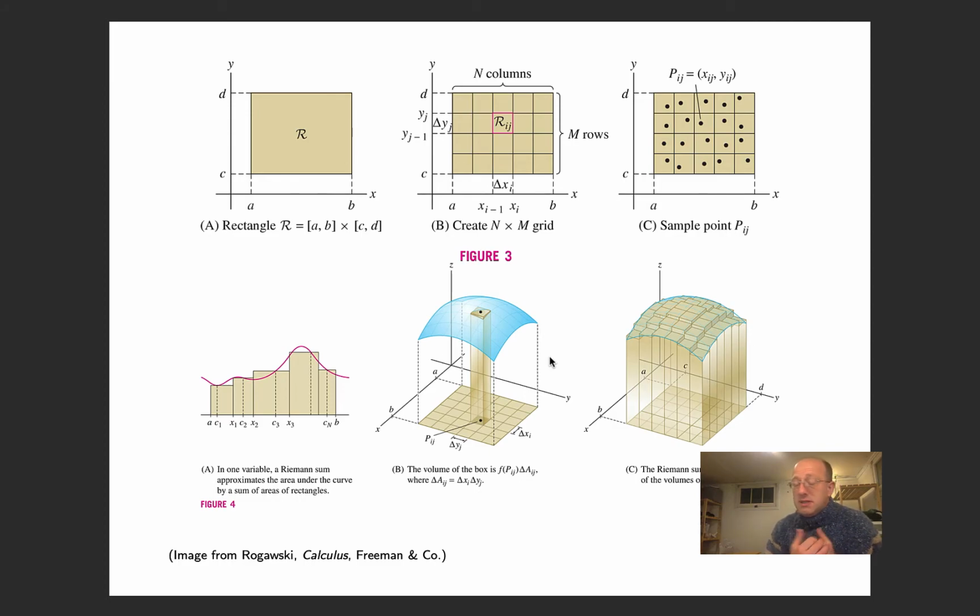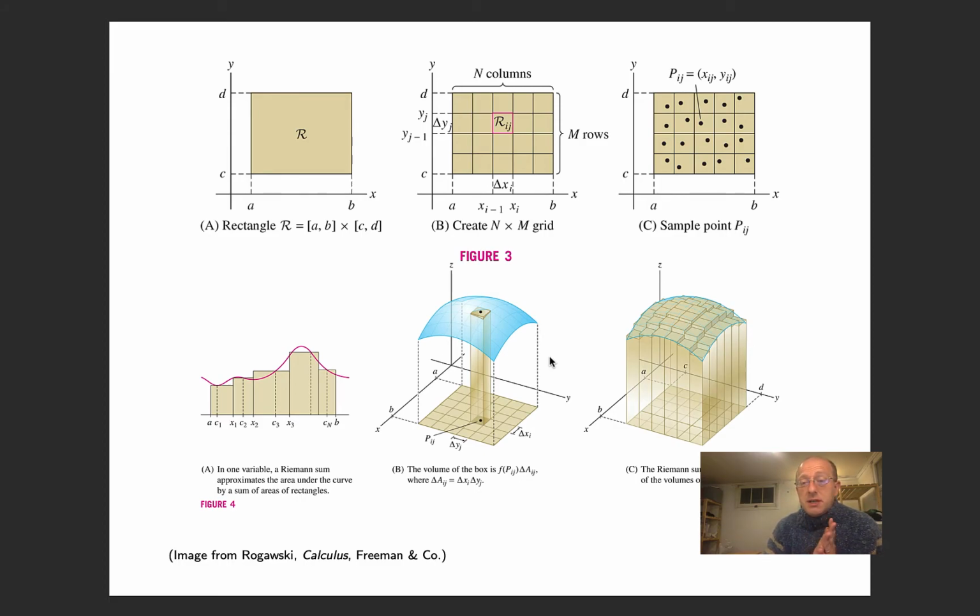So this is one of the ways that numerical integration is done. But when we're computing integrals in class, we won't really do that. That's kind of a different situation that we won't get into.